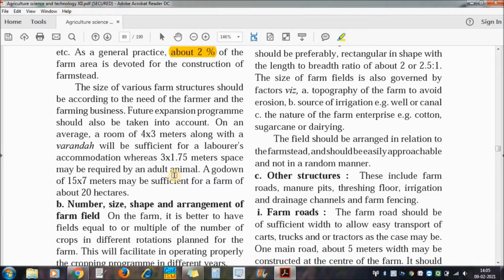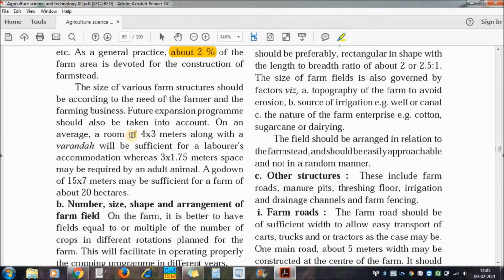Generally, these buildings are to be erected in the farm at such an area where the fertility is comparatively less, or where there is no irrigation facility available, so as to utilize maximum farm fields for agricultural production.